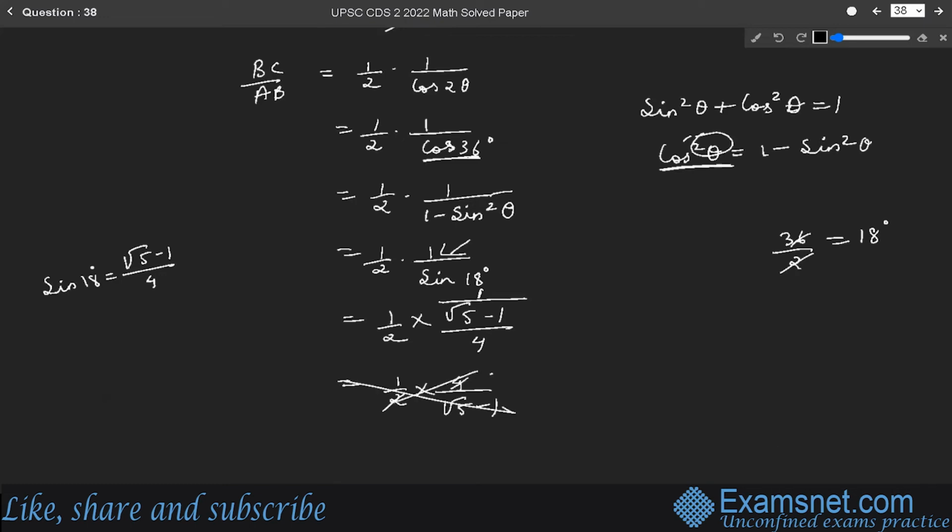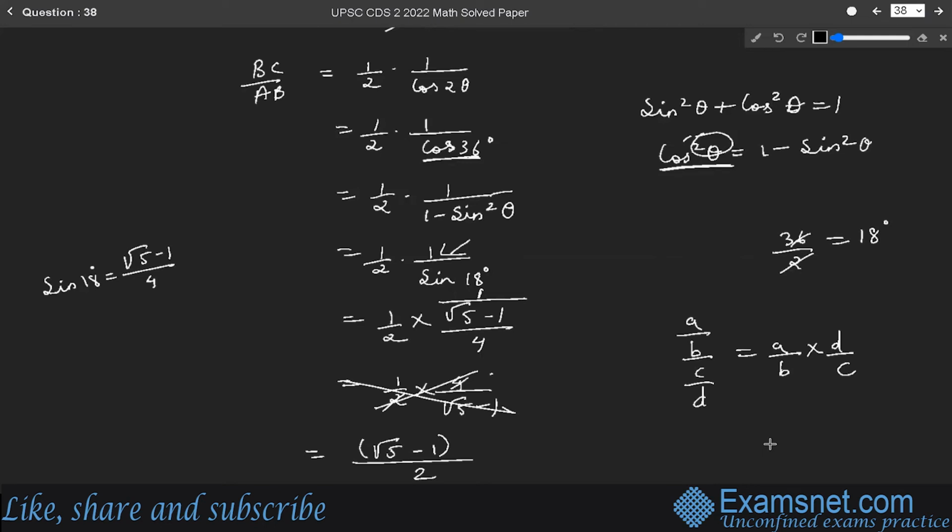No, here this step is not actually correct. We know a concept that A upon B upon C upon D is equal to A by B into D by C. So it will be equals to root 5 minus 1 upon 2.